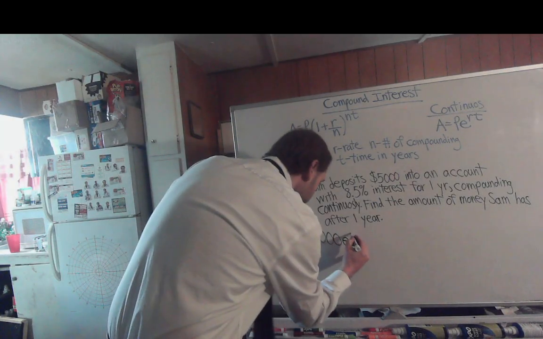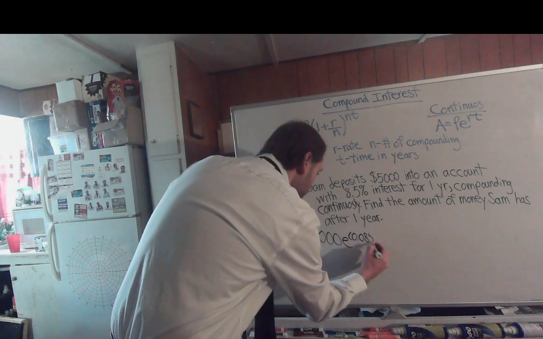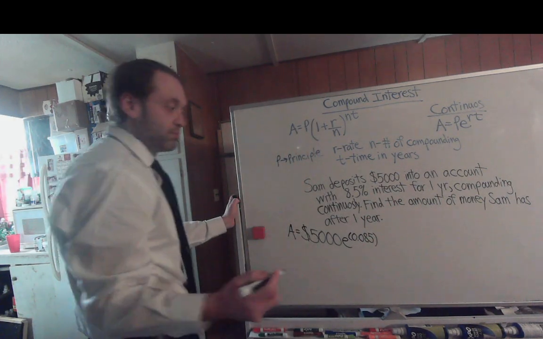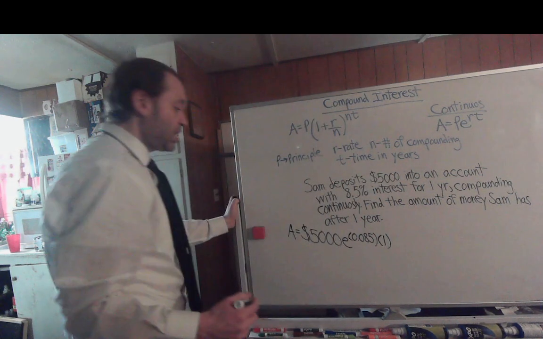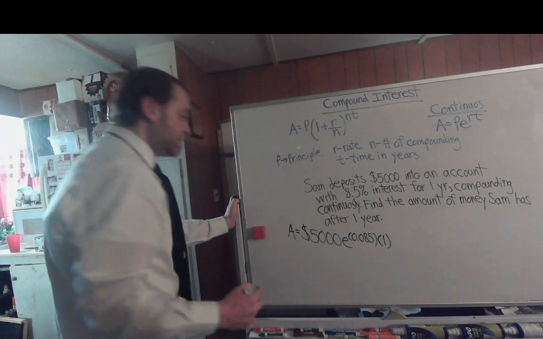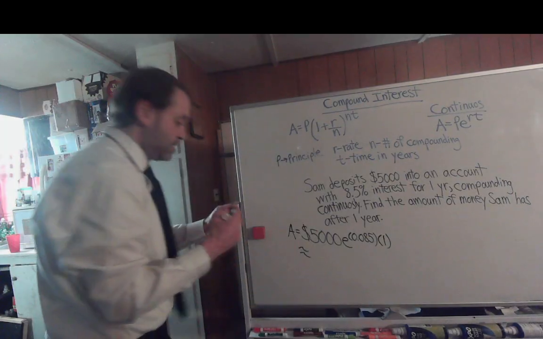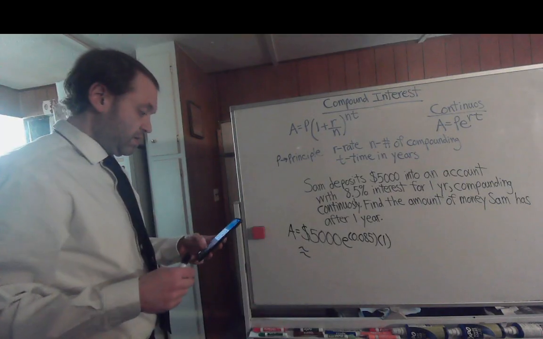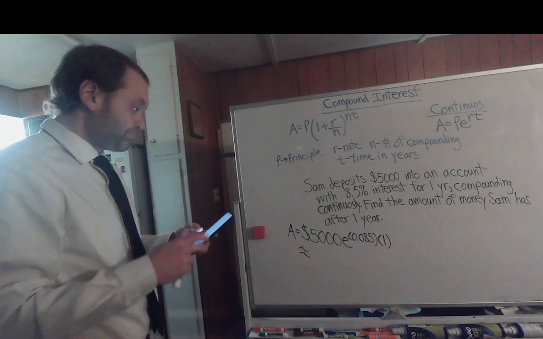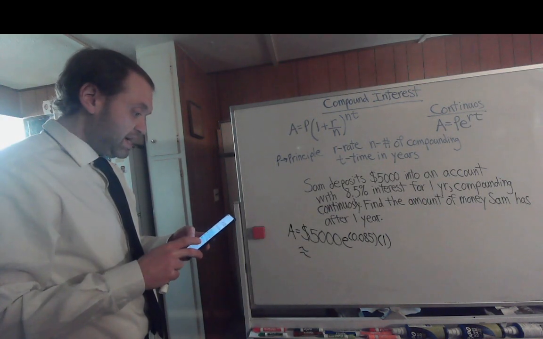So this is going to be to the 0.085, because that's the rate in terms of a decimal, times time for 1 year. Okay? So of course, then we can get a decimal approximation for what he'll have if it's compounded continuously after 1 year. So let's take e to the 0.085.